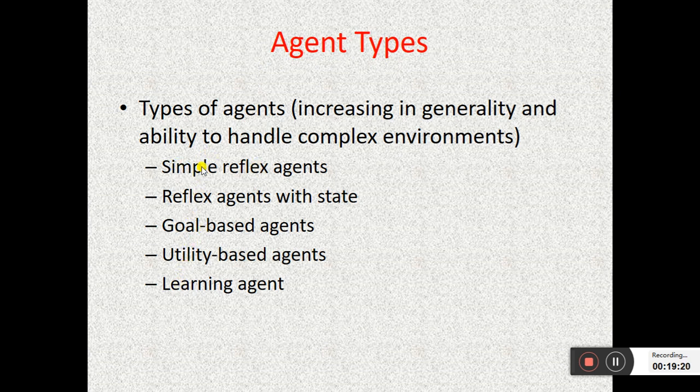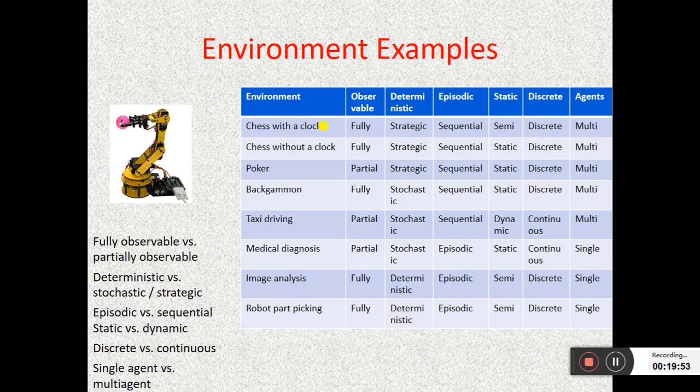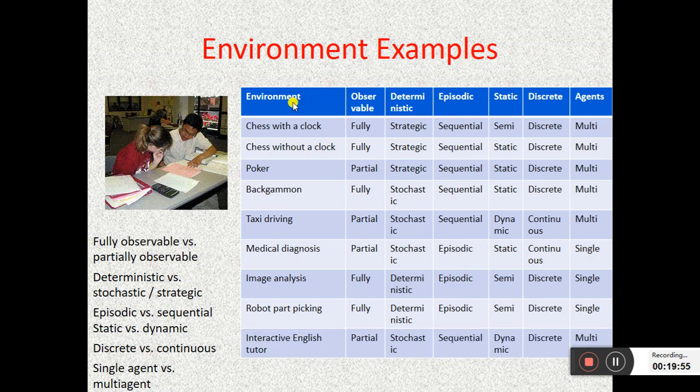So the agent could be simple reflex agent, the agent could be goal based, it could be utility based, or it could be learning agent. So these are the basic different types of agents that we will discuss in our coming up lecture. Hope you all have learned about different types of environmental examples.